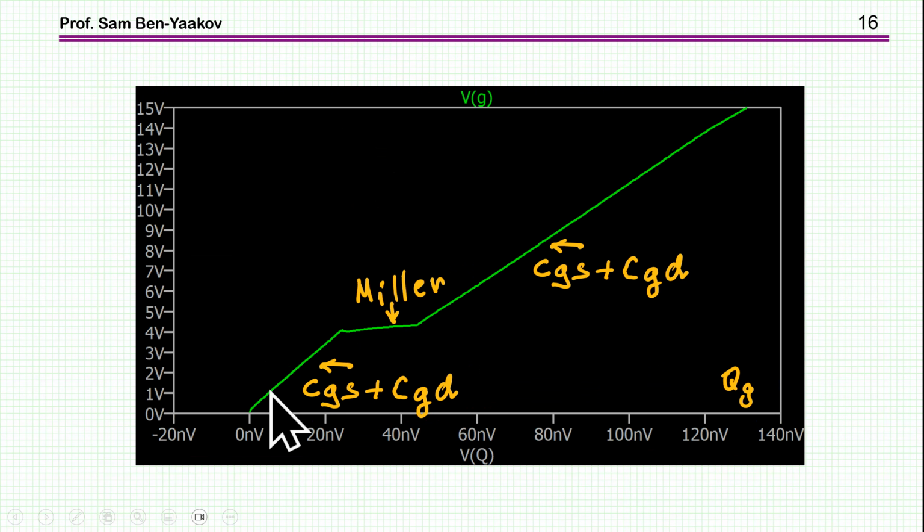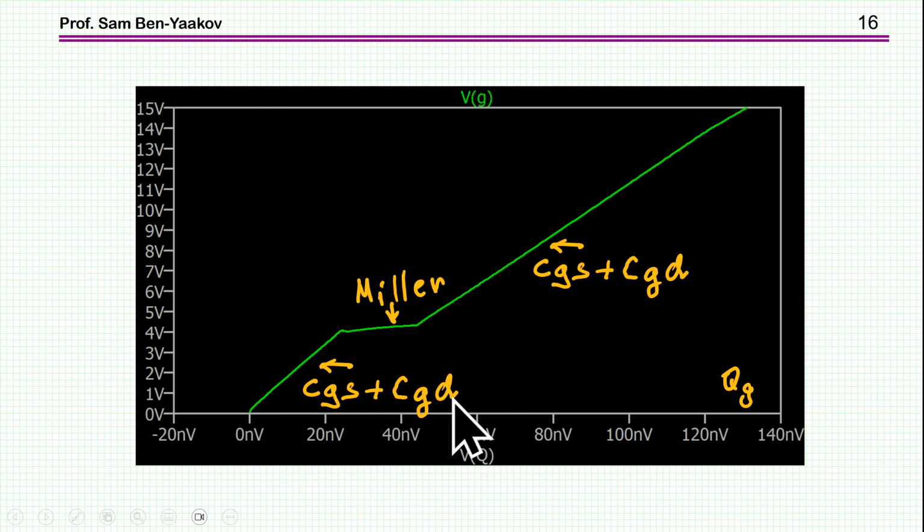Using this information and changing the axis here to be the charge, and this is now the voltage of the gate, I can get this curve, of course, and this is for any particular operating point that I wish. Now, what I see here is, first of all, the capacitance at the input before the plateau, and this will be the gate to source plus the gate to drain capacitance.